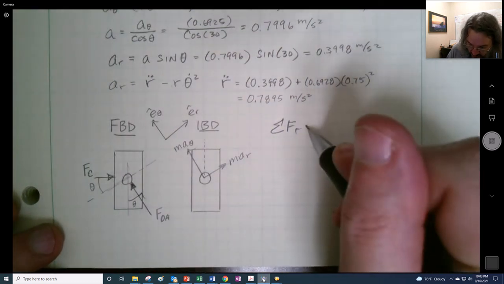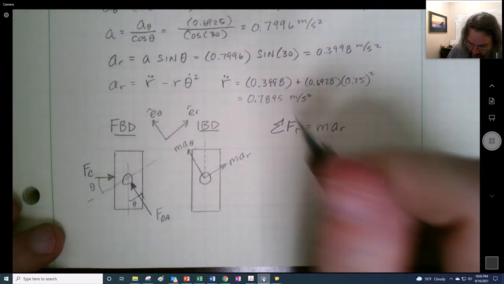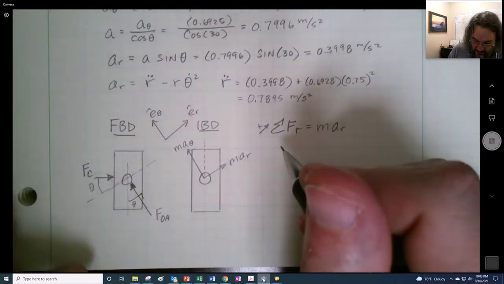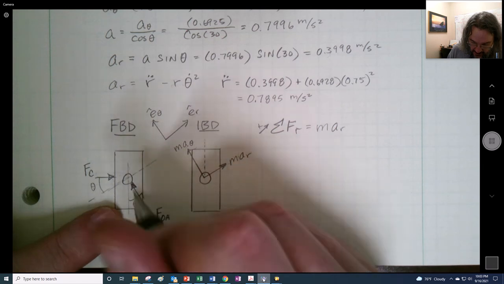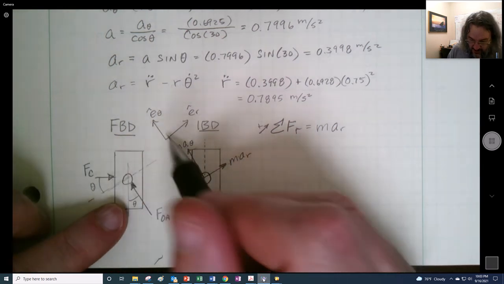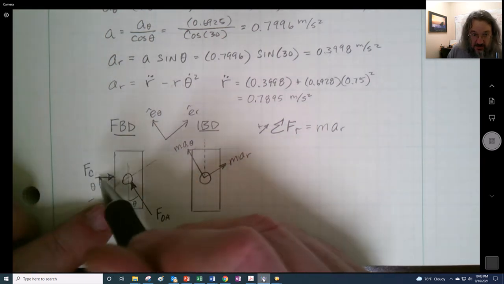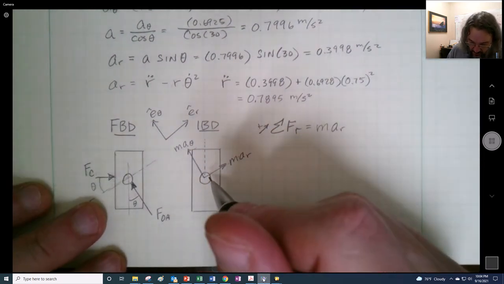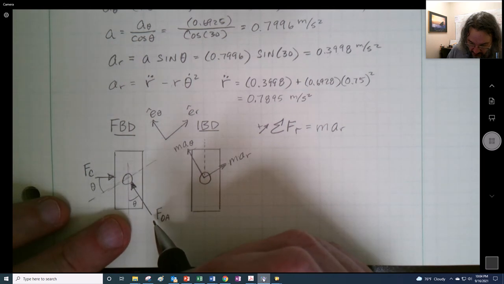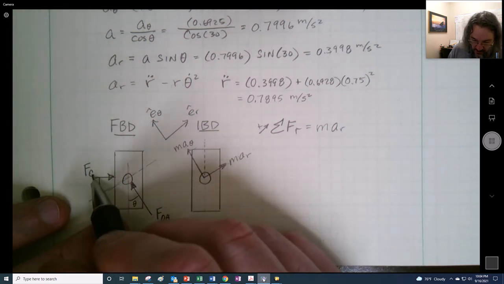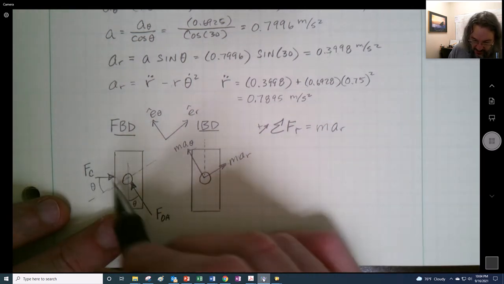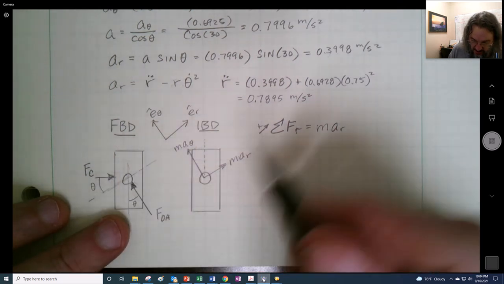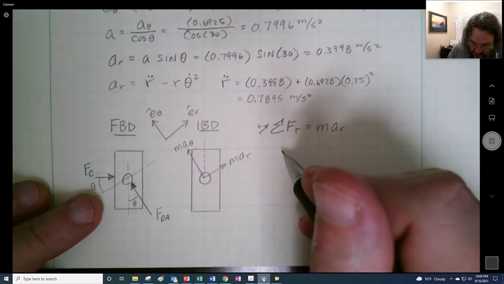Sum of the forces in the radial direction equals mass times acceleration in the radial direction. And this is the positive radial direction right here. So there's none of this. This guy is completely in the theta direction. This guy has a component in the radial direction. So that's going to help us out, I think. We'll be able to find what his force is, because he does have some in the theta direction, but he has some in the radial direction, whereas this has none. So we'll be able to solve for that magnitude right there.